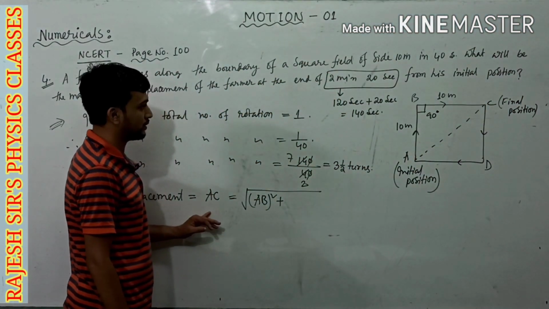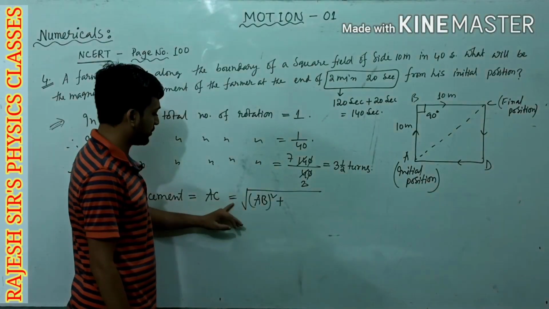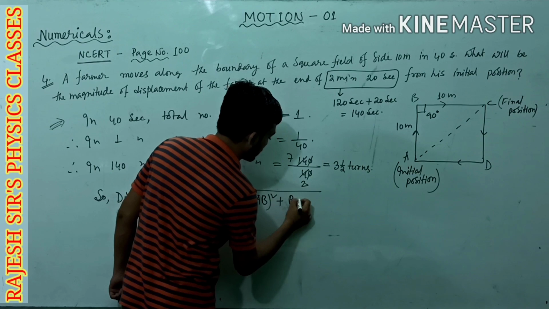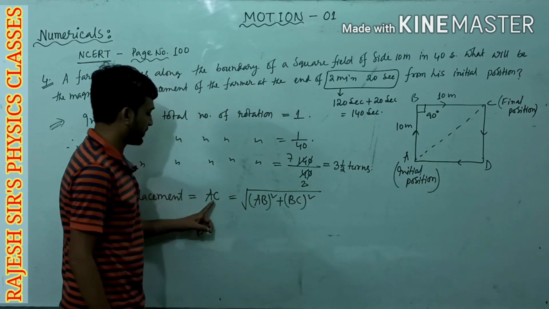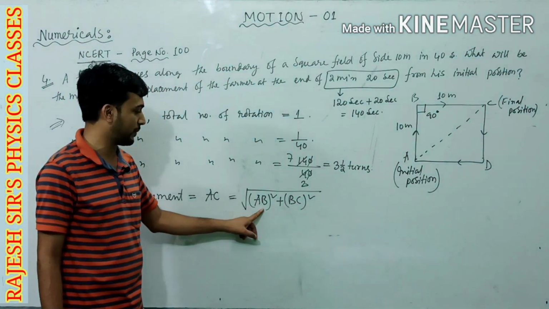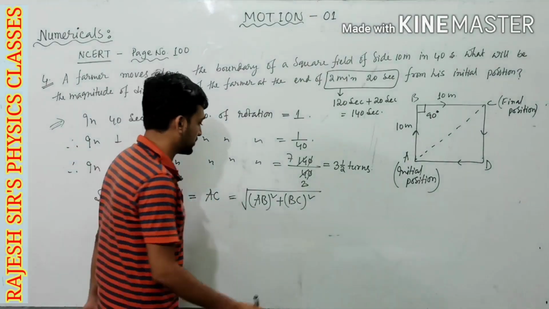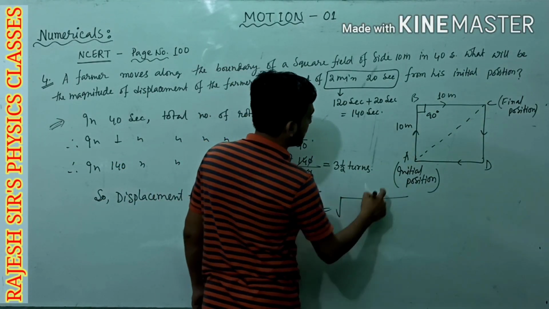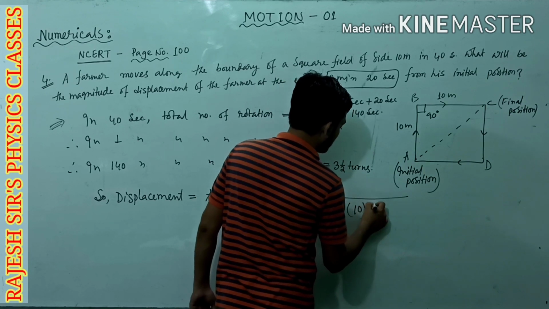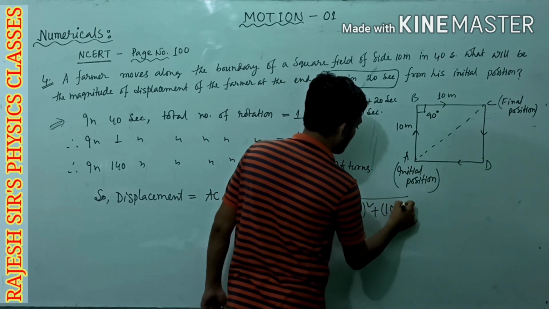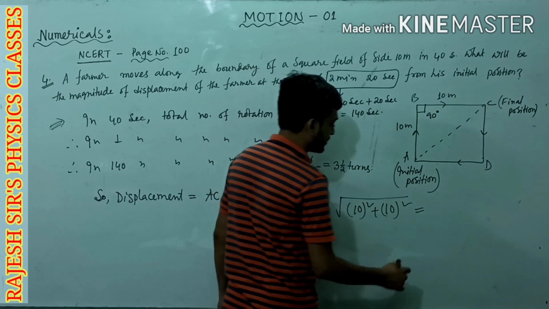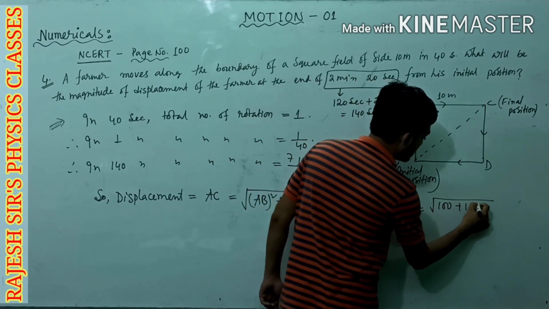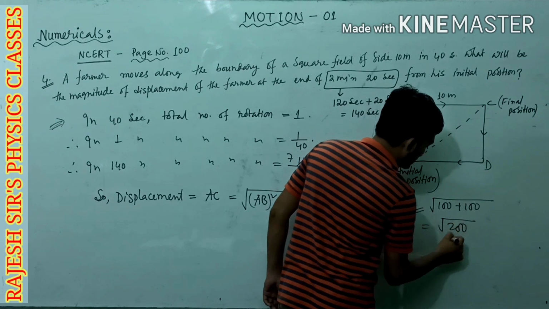So we can use the formula AC equal to square root of AB square plus BC square, means hypotenuse equal to square root of perpendicular square plus base square. So put the values of AB and BC here. AB is equal to 10, BC is also 10, because it is the square field. So we will get what? 100 plus 100, it will be 200.